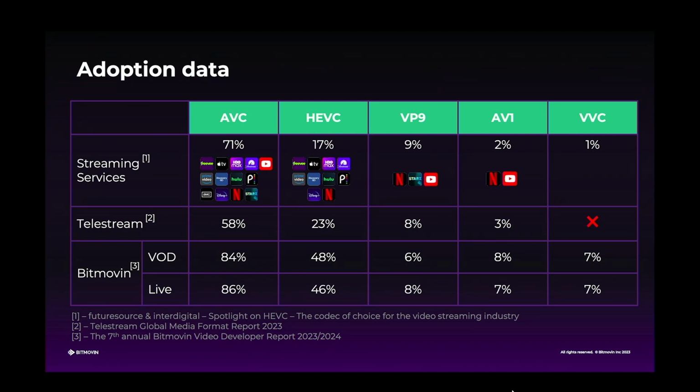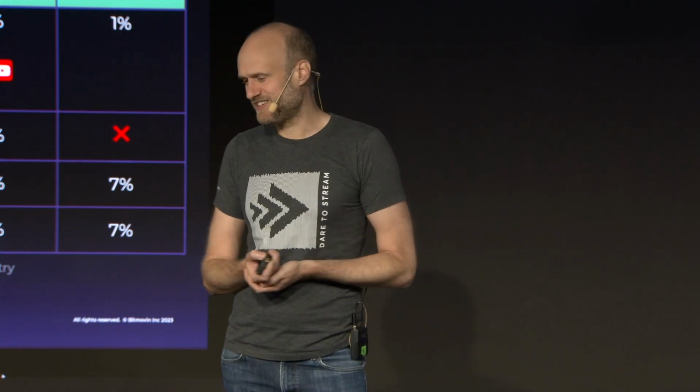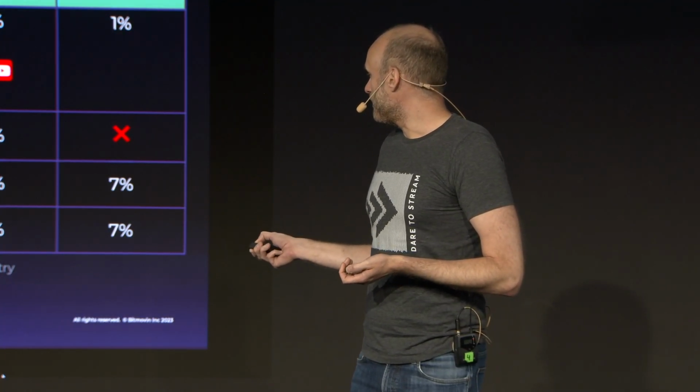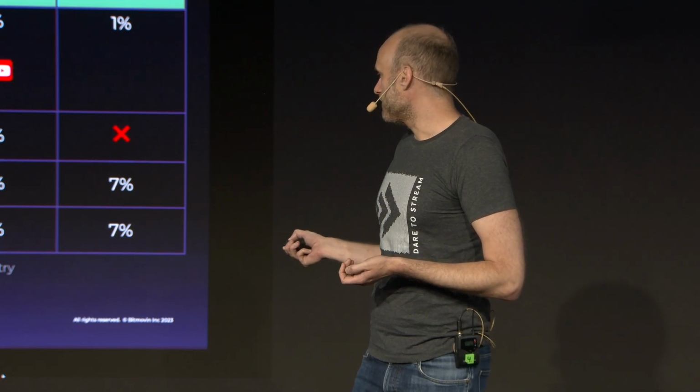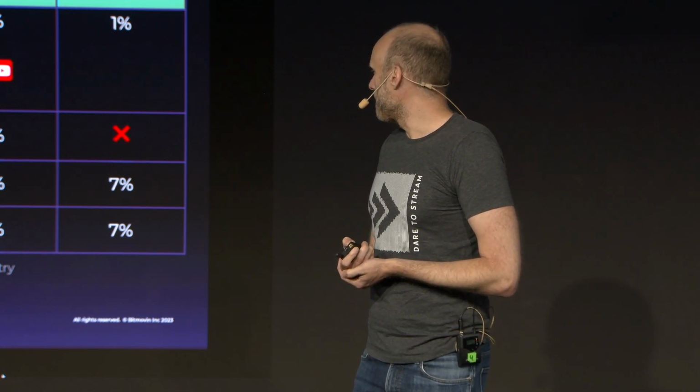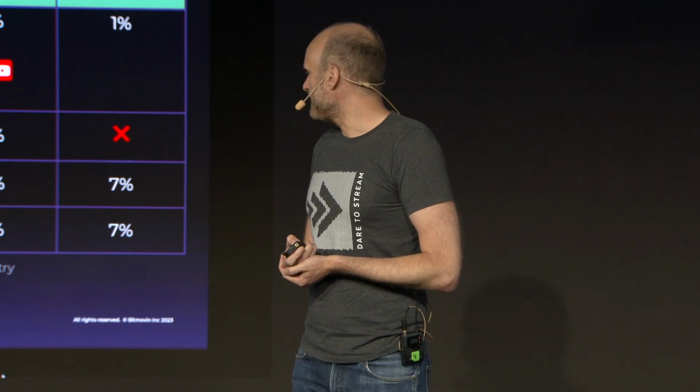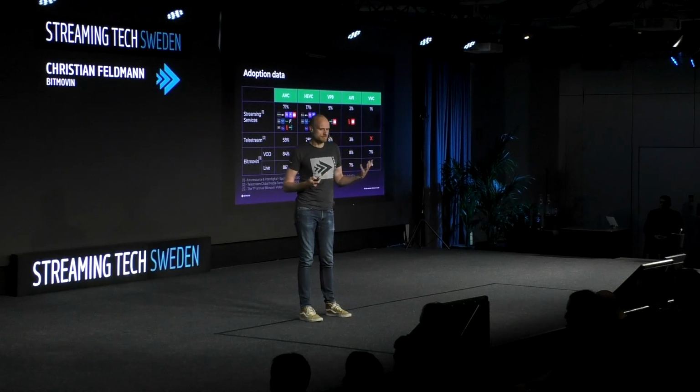And you can see that the only companies that are really doing VP9 and AV1 are Netflix and YouTube. Telestream also did some study of, I think, their customer base, also a lot of HEVC, AVC. And from the Bitmovin side, this is from our developer report. This is just a questionnaire about customers. And lots of people, AVC, HEVC are the dominant codecs that are currently being deployed.